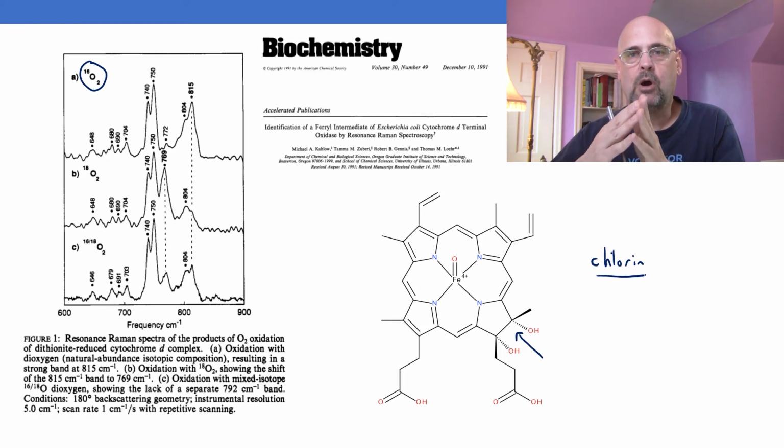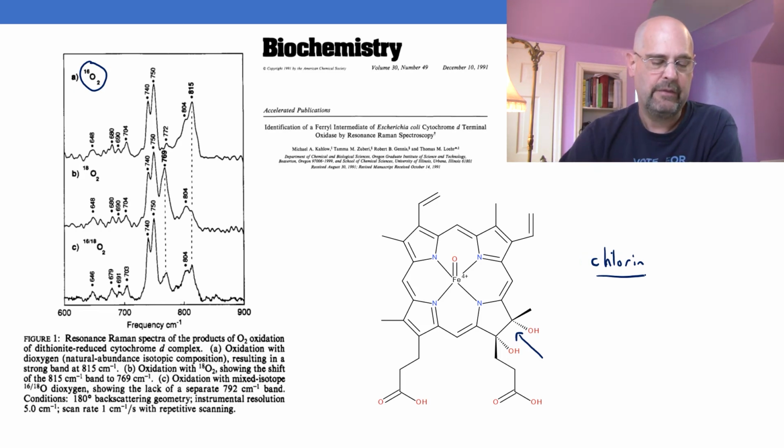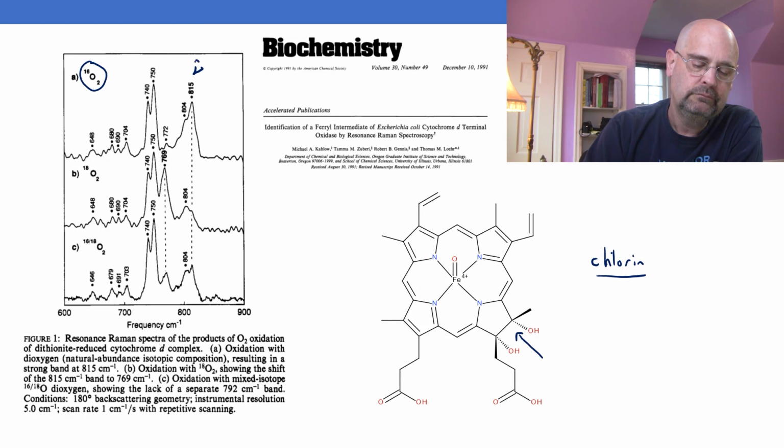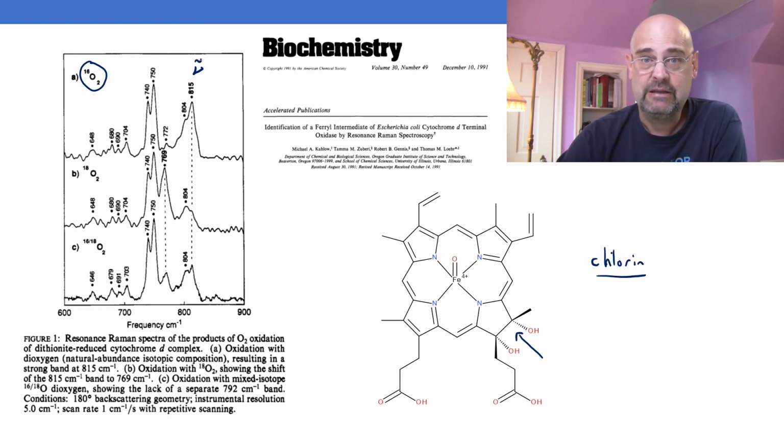And when we did that with O16, we got the top spectra. And these numbers are frequencies, difference from the fundamental frequencies. So these are the vibrational frequencies. So notice we have a vibrational frequency at 815.